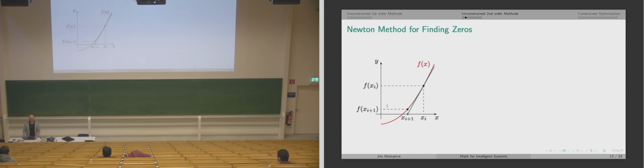Okay. So the key idea is that you start at a point, compute what the tangent is, compute the intersection with the zero line, right? And then you repeat that process over and over again, by starting here again.